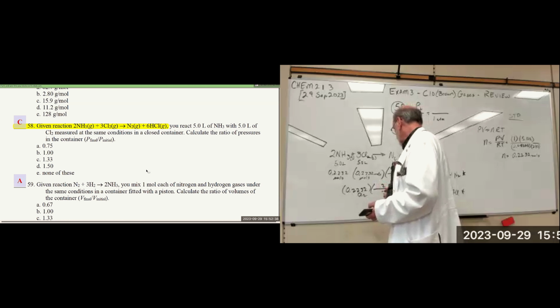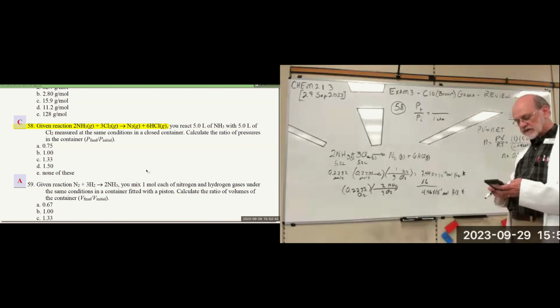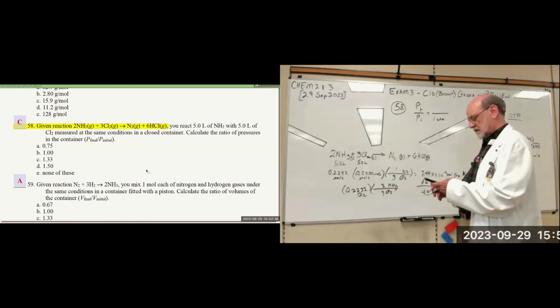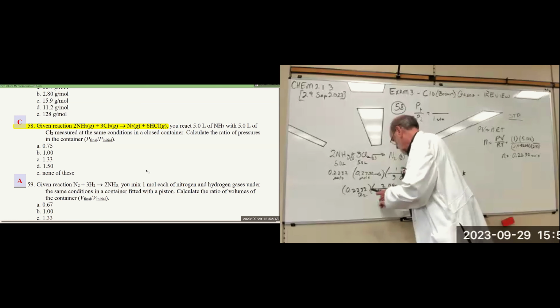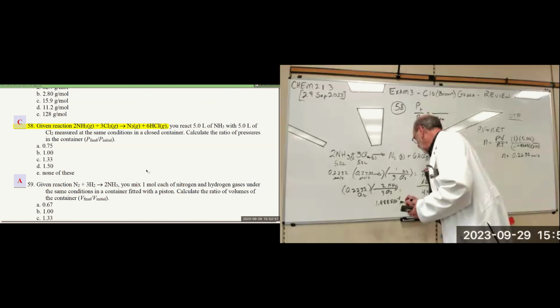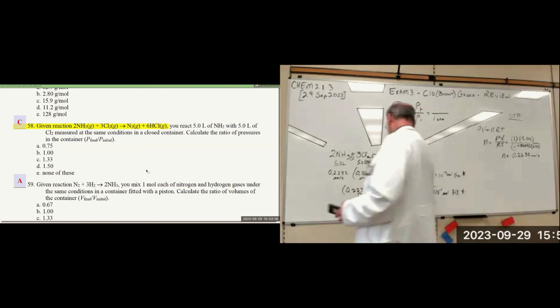And this is 3. 2/3 of that value. 0.2232 into that. There. That's moles of ammonia used. How much do we have left?